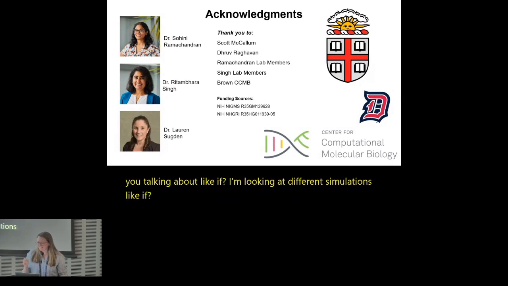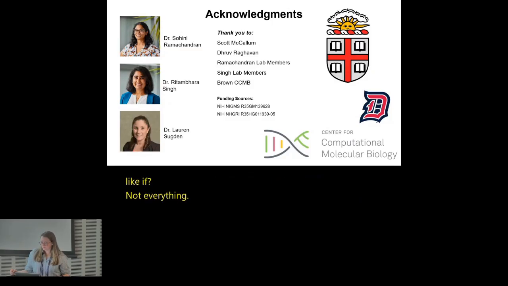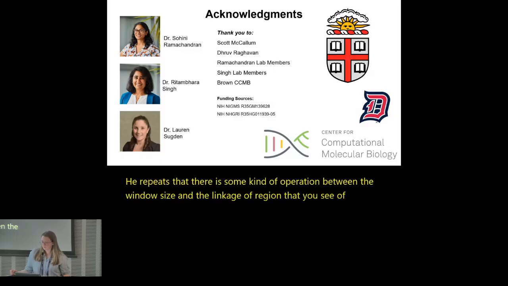The point is that per site, everything is linked, and per window, not everything is linked. It means that there is some kind of ratio between the window size and the linkage of the region that you simulate, and that it's important.